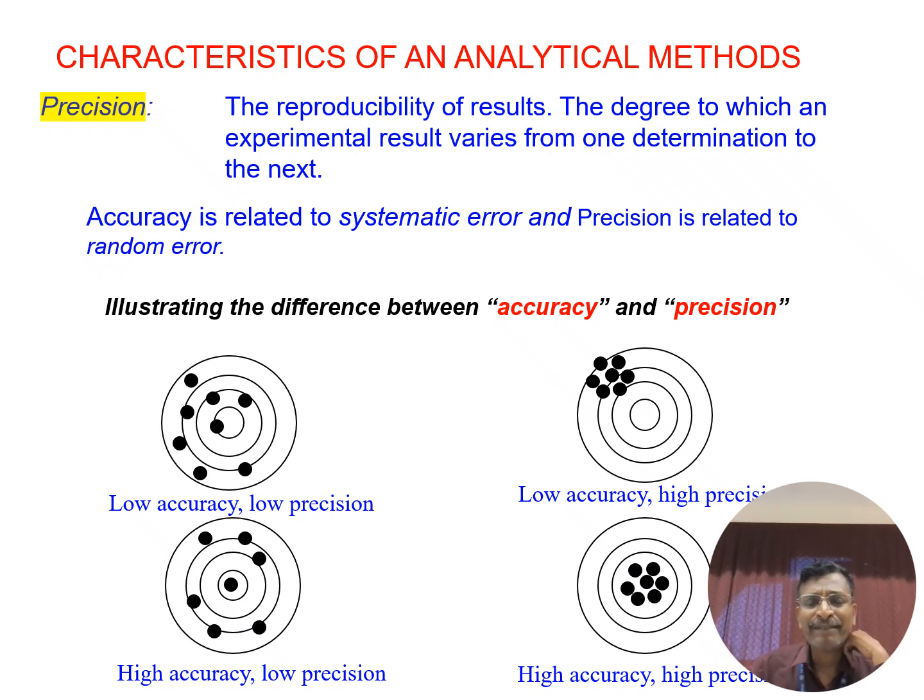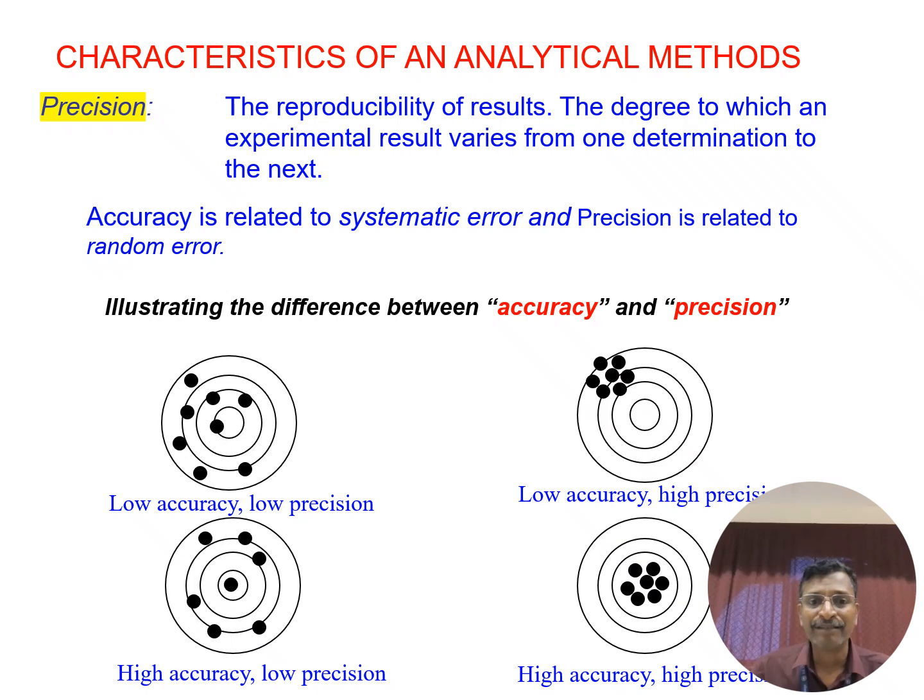The center one may be the real value. Okay, so here how many measurements have we done? 3 plus 3 plus 6 plus 1, 7. There are 7 measurements we have carried out. For the 7 measurements, all the values are accurate and all the values are precise. This is the fourth slide.